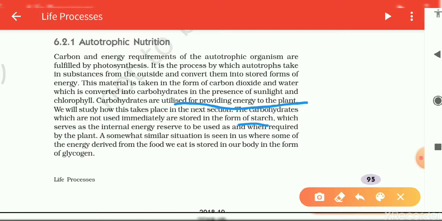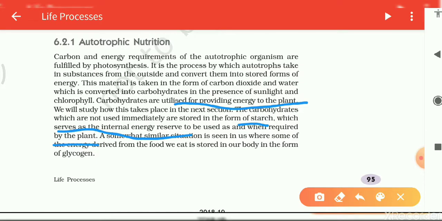Carbohydrate is a combination of glucose and starch. Glucose goes inside the food, that's why food is sweet in taste, and starch is stored inside the plant, which serves as the internal energy reserve to be used when required by the plant. That is the function of starch.